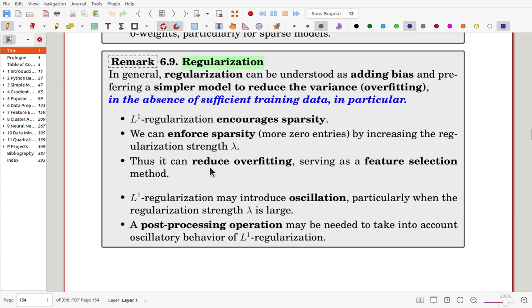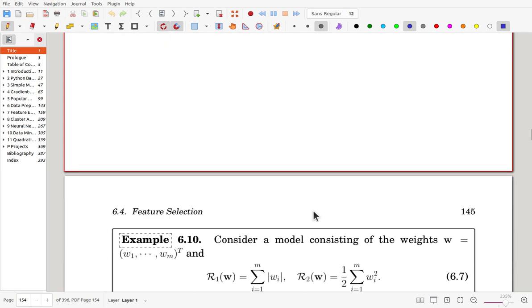Thus, it can reduce overfitting, serving as a feature selection method. However, L1 regularization may introduce oscillation, particularly when the regularization strength lambda is large. A post-processing operation may be needed to take into account the oscillatory behavior of L1 regularization. We'll see an example here.